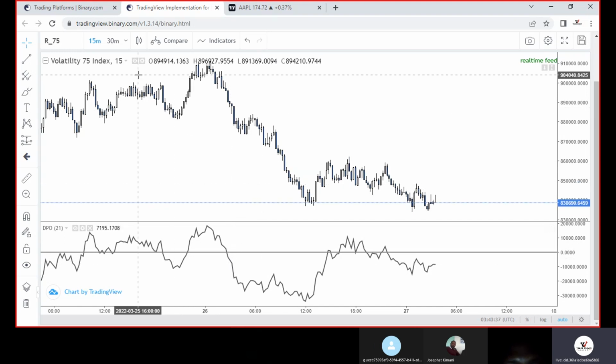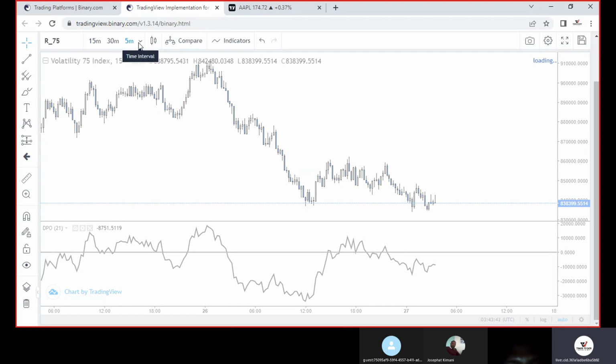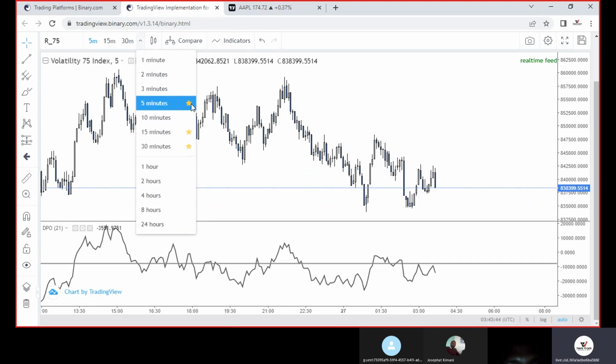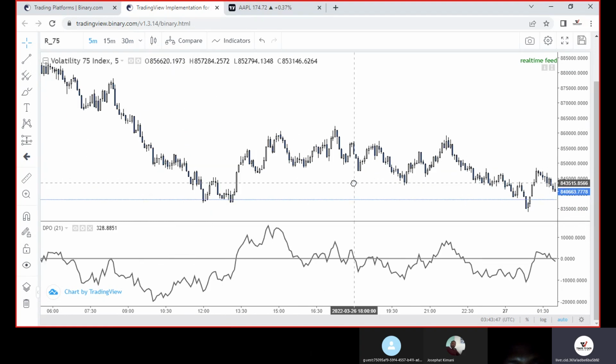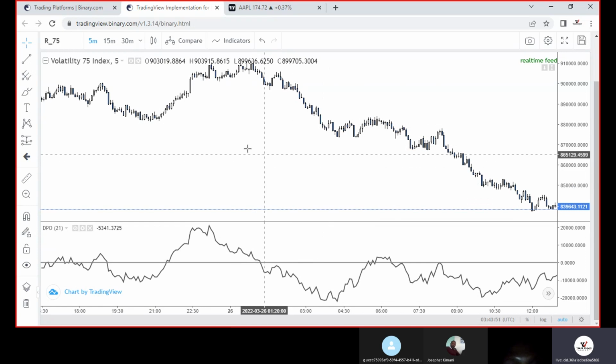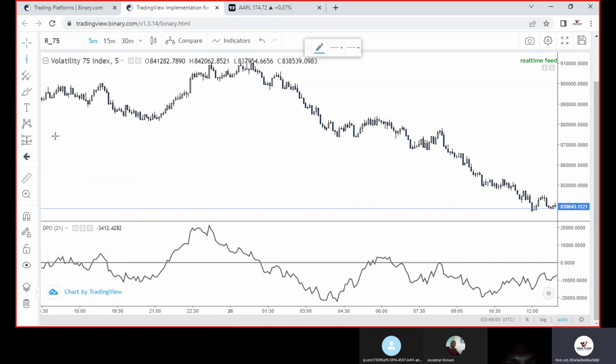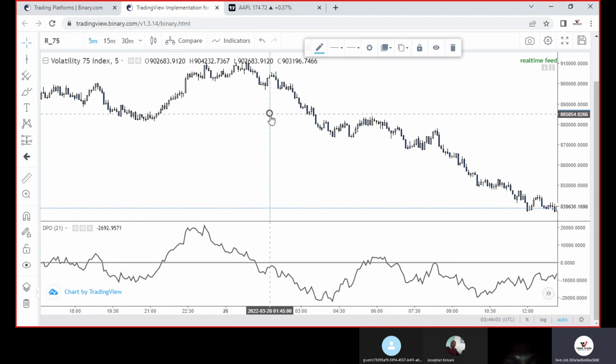Let's go to the 5-minute time frame, because I want to use the 5-minute time frame for illustrations. Please note this is a lagging indicator, but we are going to make it in such a way that it gives us sniper entry. So don't worry yourself, just stick with me to the end.